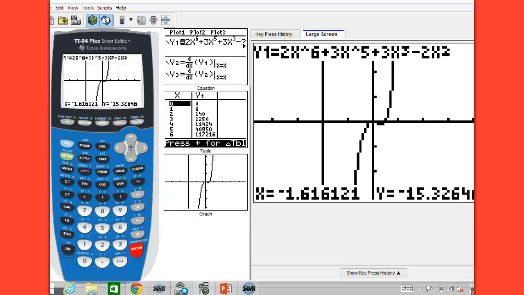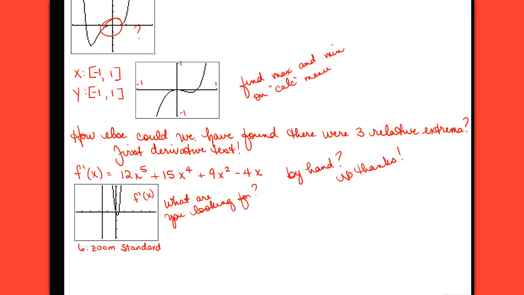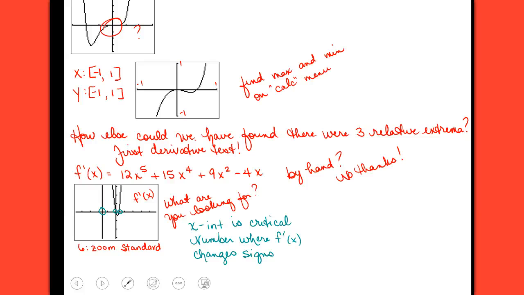All right? And then, of course, I would just repeat that same process for the other two values. So if I wanted a fast, easy way to see how many relative extrema I'm going to have, when I graphed that original function, it was kind of hard to tell how many maximums and minimums there were. I could graph the first derivative and go through and say, okay, sign change right there, sign change right there, sign change right there. That means I'm going to have 3 relative extrema.